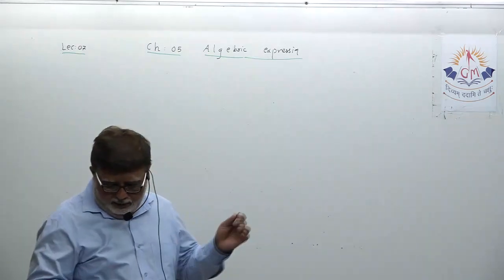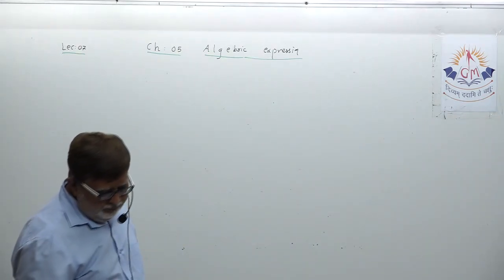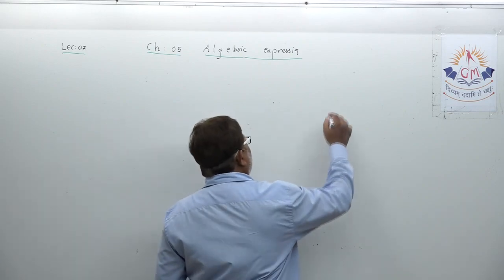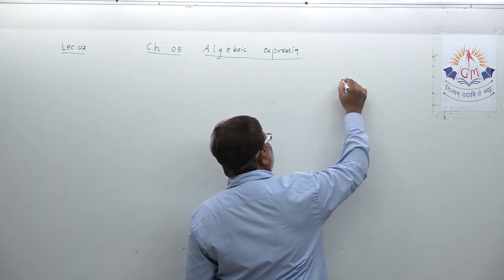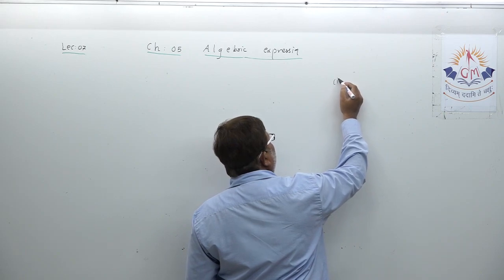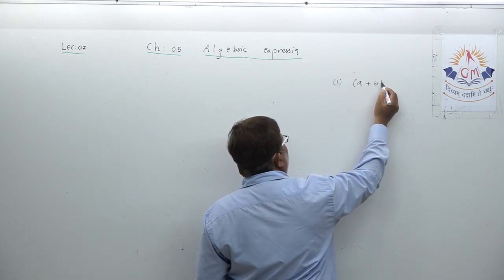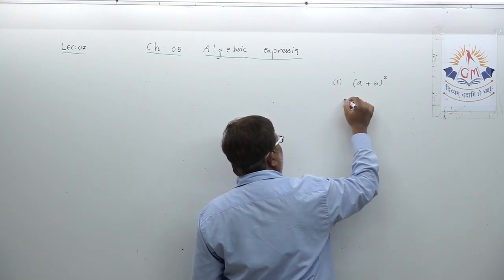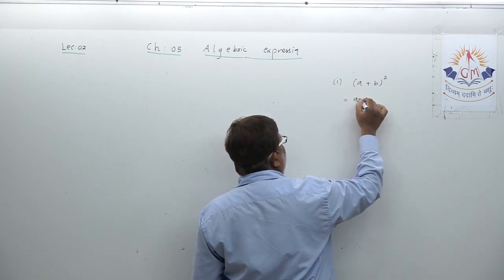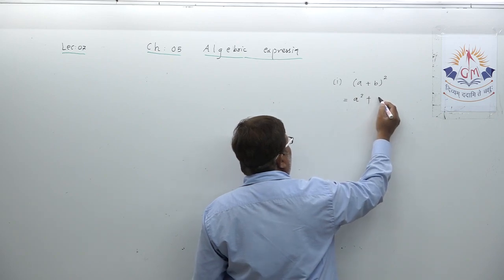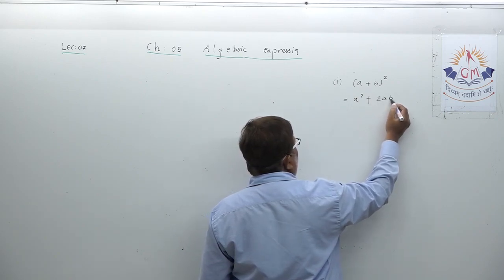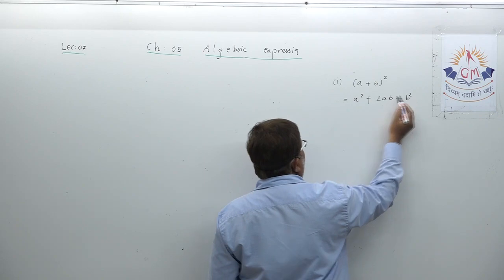One identity which we have already understood, I am just listing out that identity which you already know. A plus b whole square, you know this identity, a square plus 2ab plus b square.